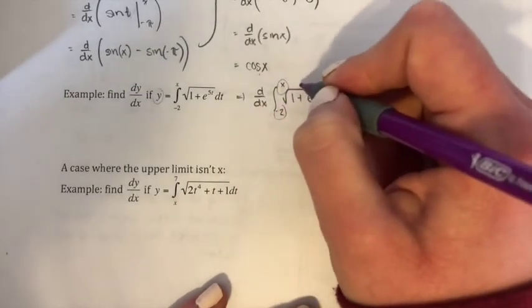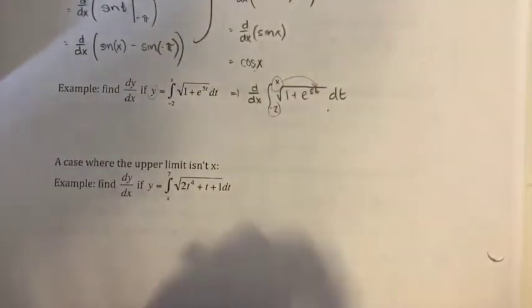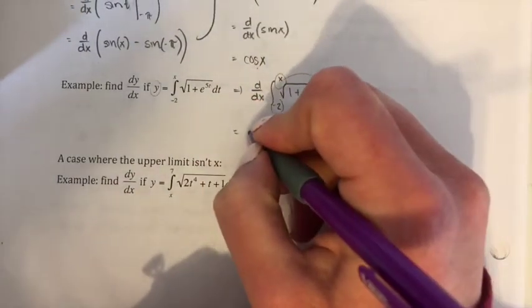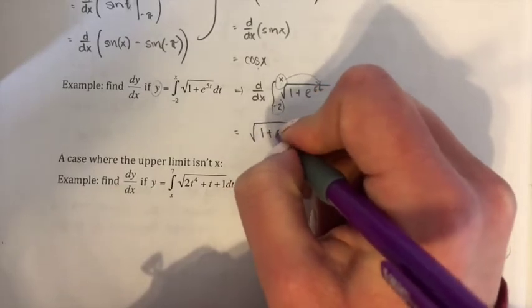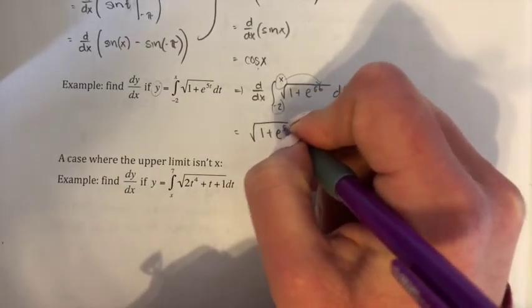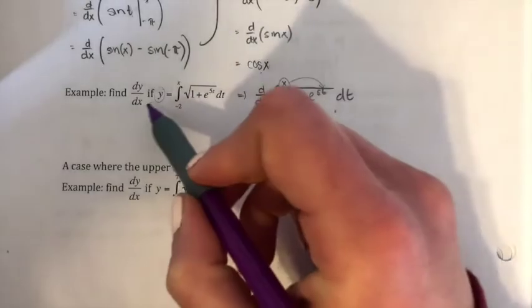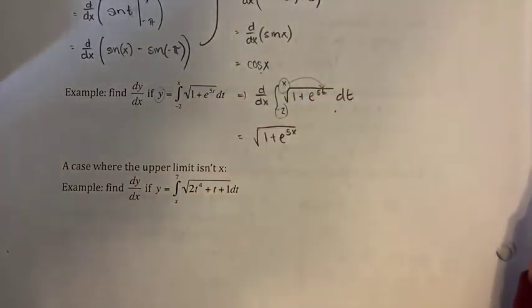Basically, that just means we're plugging in the x wherever we see a t. So this is going to be the root of 1 plus e to the 5x, and that is our function. Okay, so we've done the derivative of the integral.